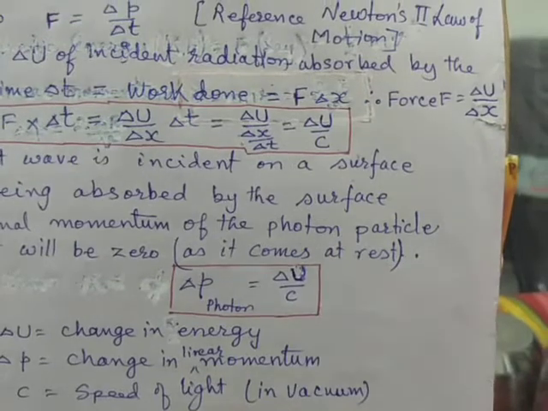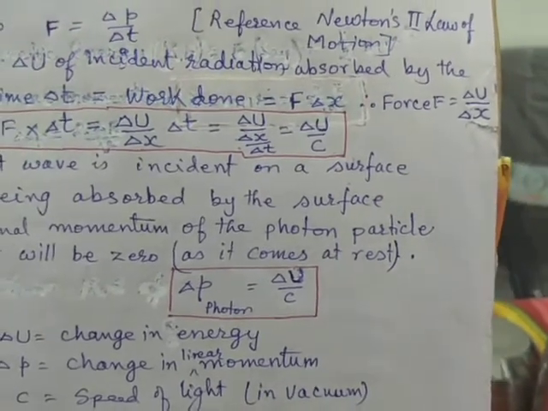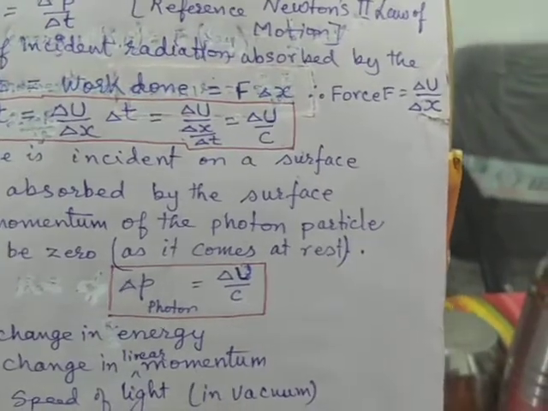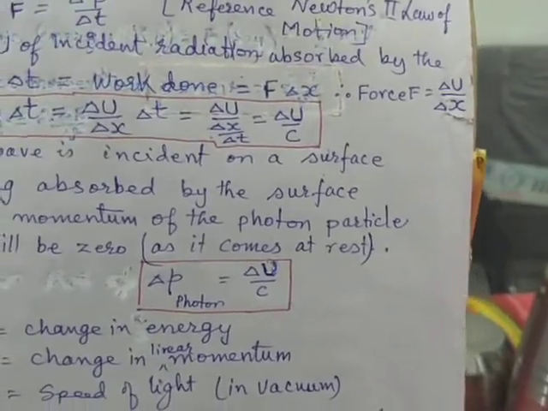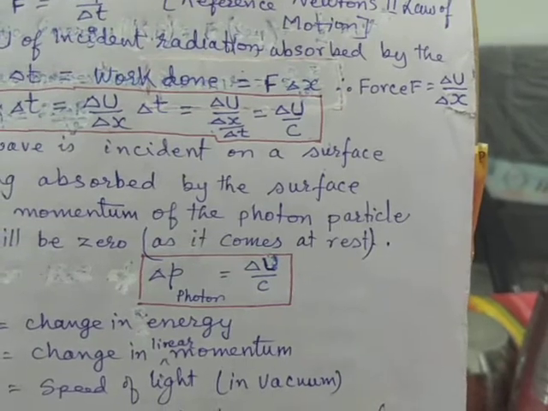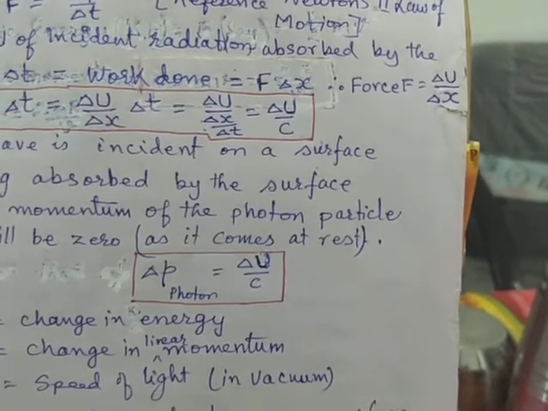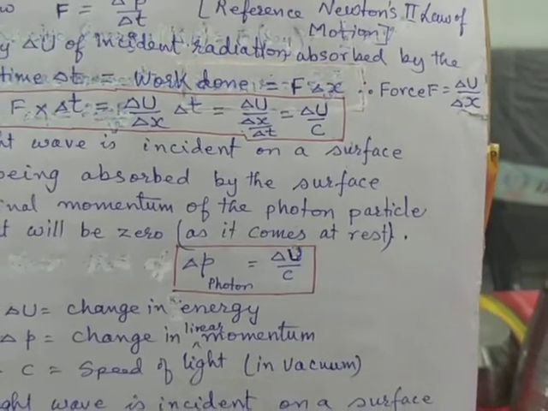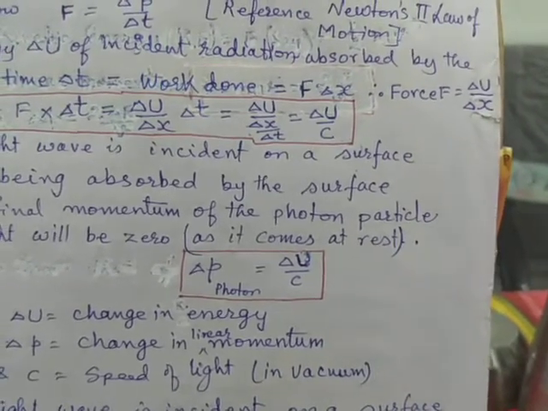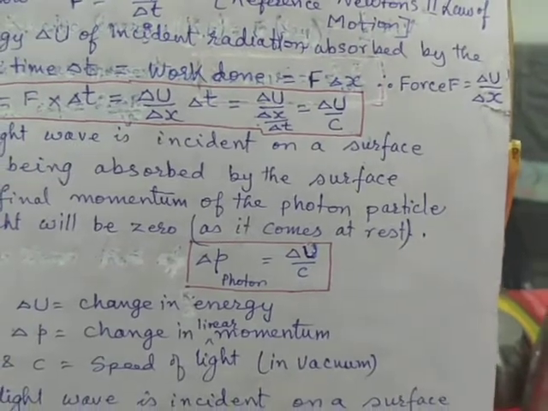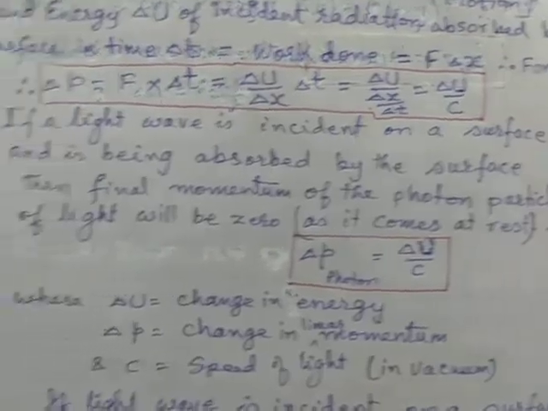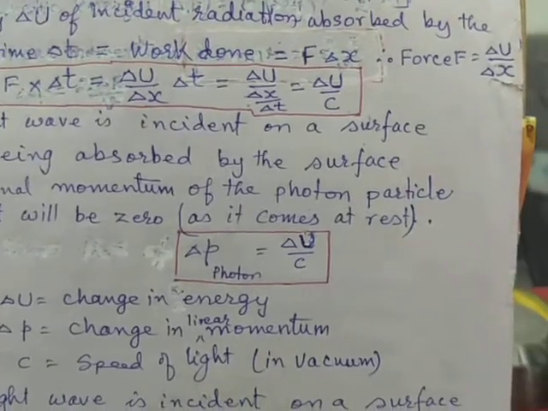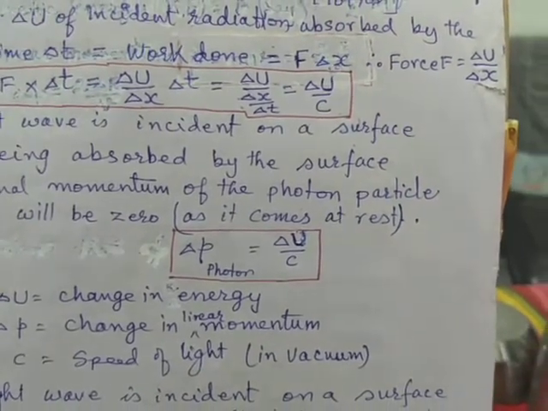Delta U is the energy carried by radiation and falling on the surface per second, and delta X is the distance across which this force has been applied, so that it becomes equal to work done, and work done should be equal to the total energy carried by the radiation. Therefore we have force is equal to delta U by delta X.